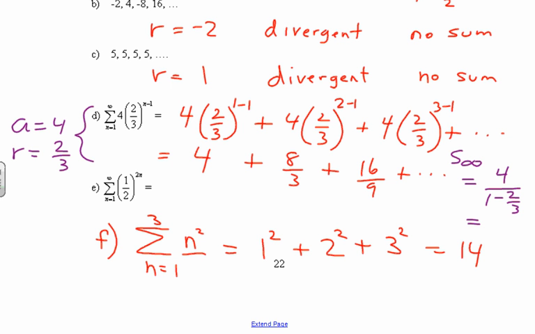So 4 divided by 1 over 2/3. Can anybody give me an answer for that? What is the answer for S infinity here? What does this work out to? 12. All right, so 4 over 1 minus 2/3 is 12.